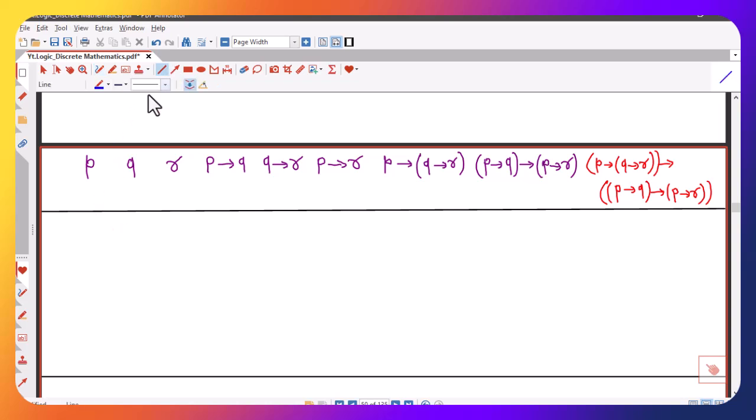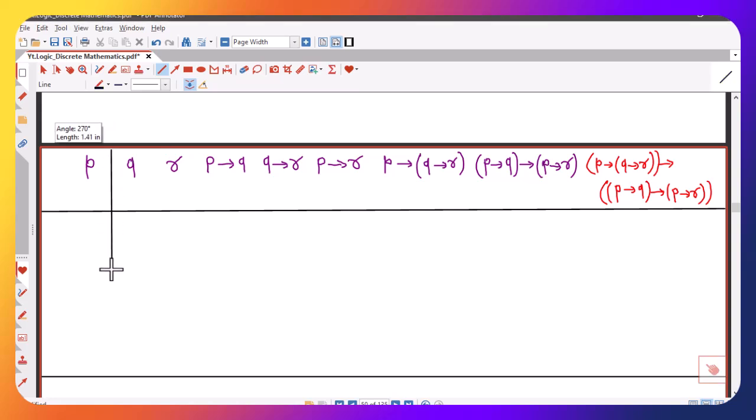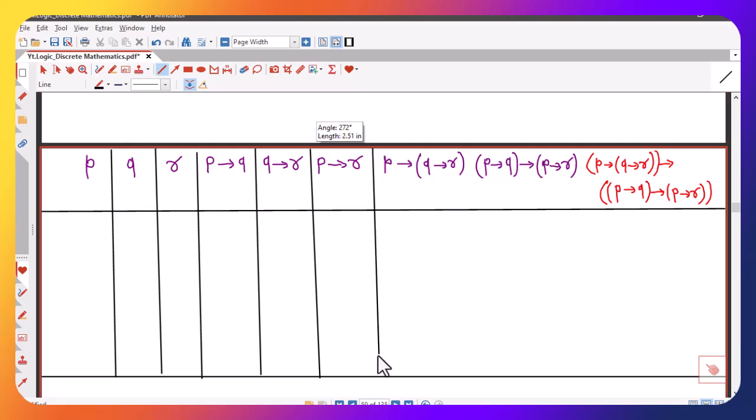We can consider this table also. I can draw vertical lines so that it will look nice, and then I will write all possible truth values for each of these columns, and finally we will decide the truth value of the last column, and our decision will depend on the truth value of the last column.